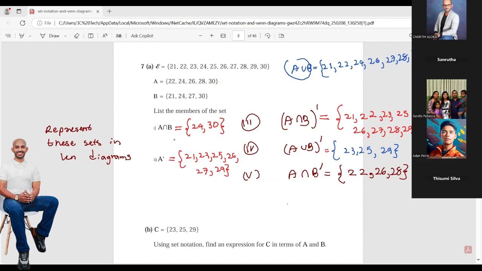Right. We have to eliminate the common elements of A and B. Put that in the same way. Venn diagrams now, right? I'll help you.